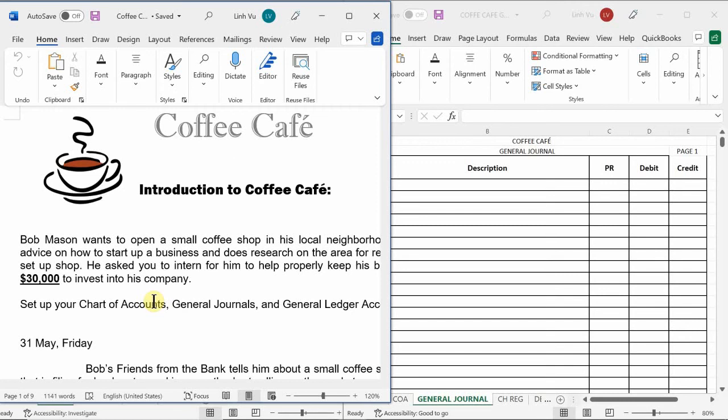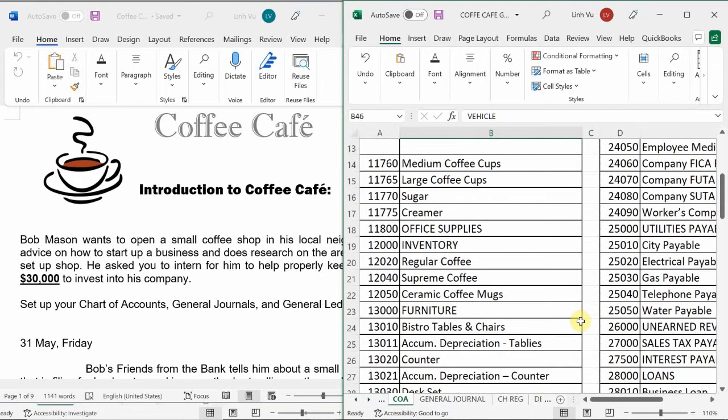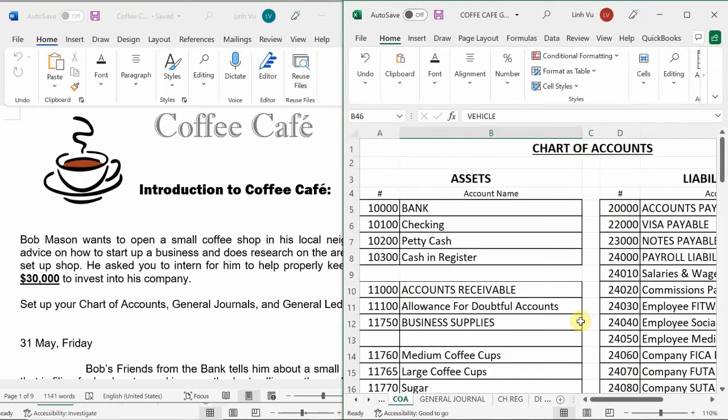I provided you the chart of accounts because that's what the accountant does. The accountant is the one who creates the accounts and lays out the rules for how to properly journalize everything.